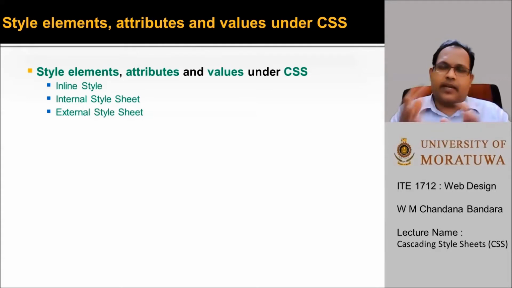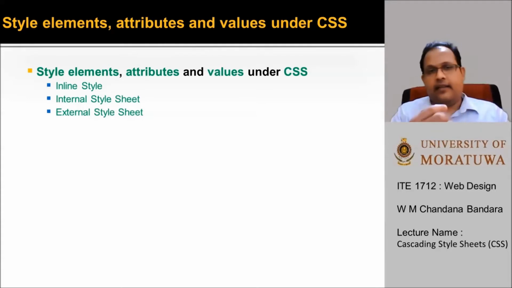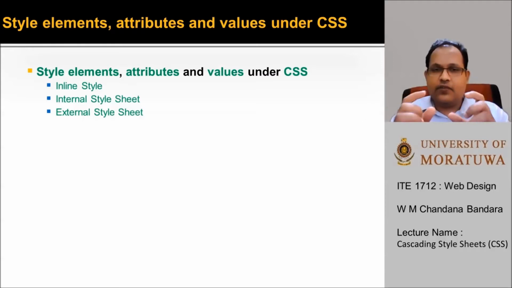For an example, a paragraph, a heading tag, a div element. So there are various elements. These inline styles can be applied to that individual element that we use inside the page.